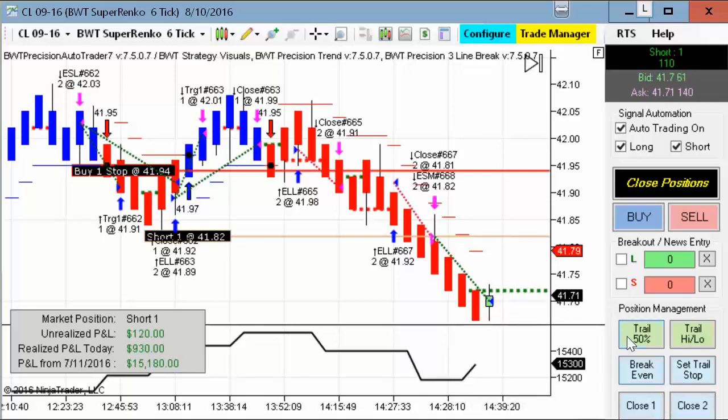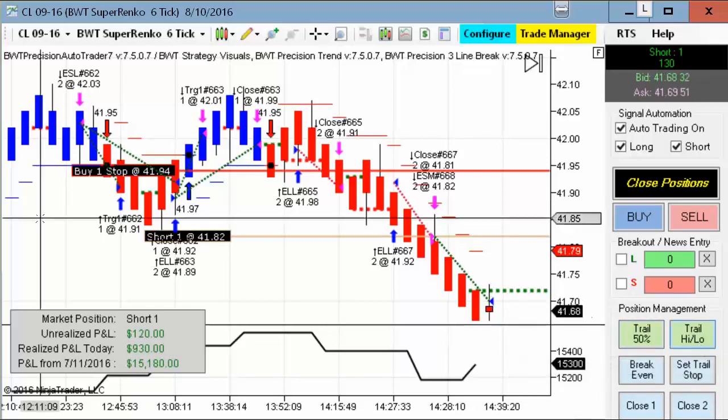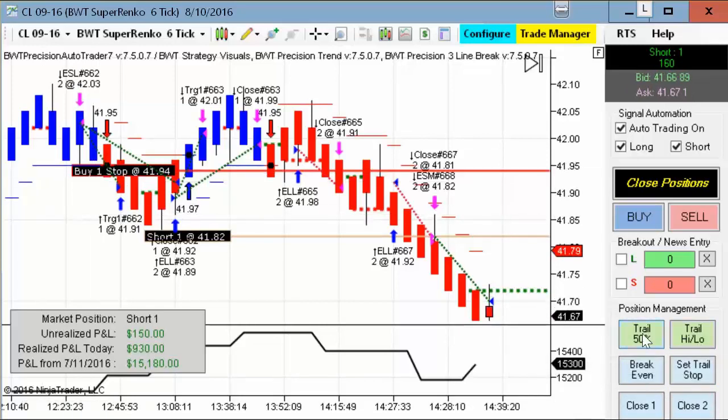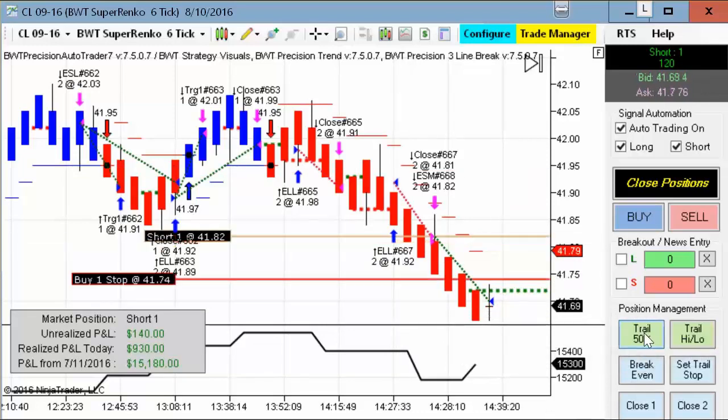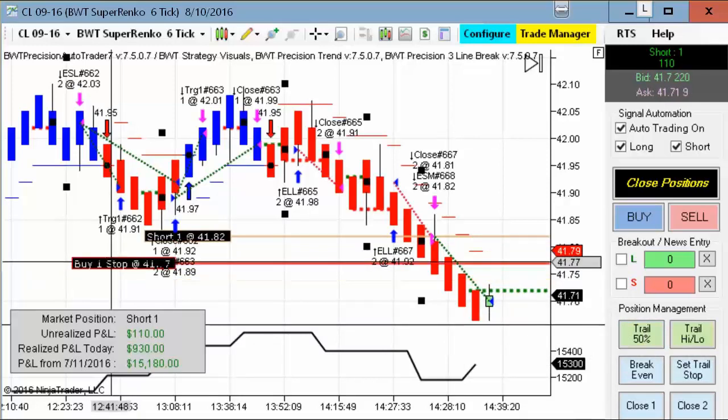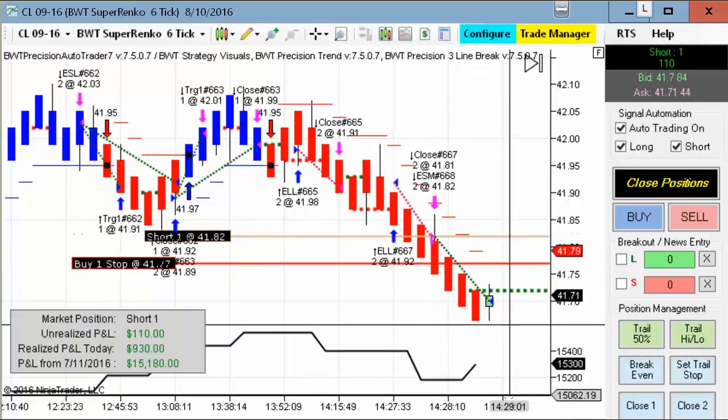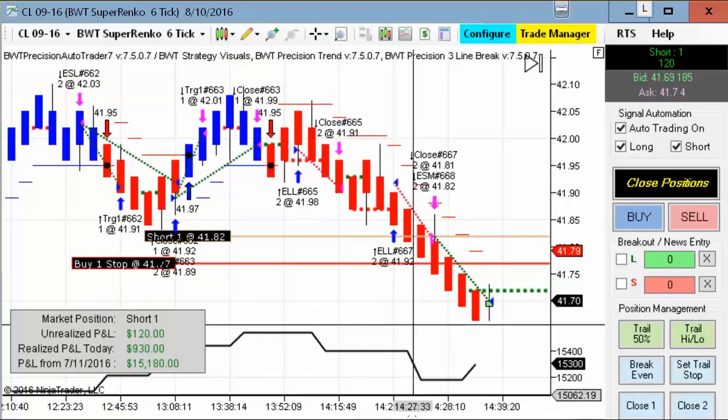And once again, if you want to interact with the auto trader, you can bring your stops in by 50%. That basically moves it to break even, or I could bring it in tighter. You can drag the stops like that. So pretty cool features in the auto trader.